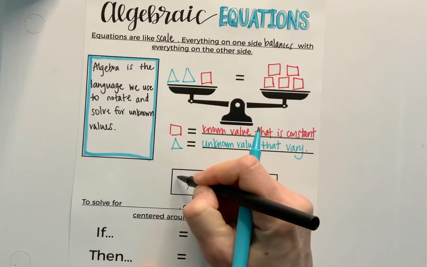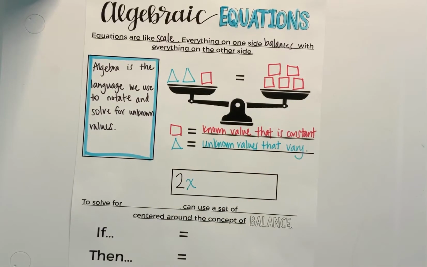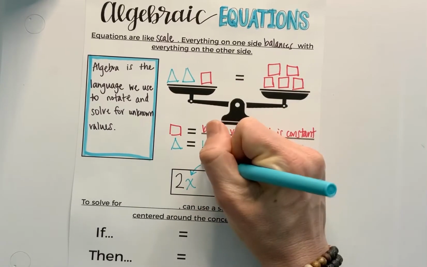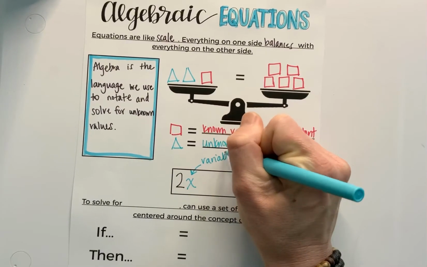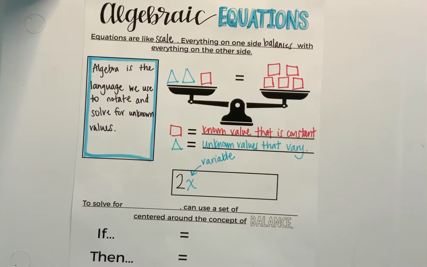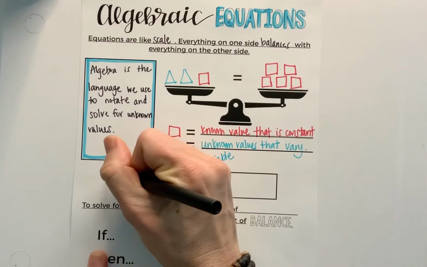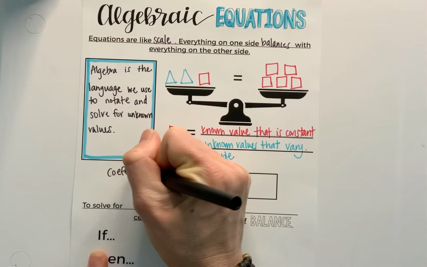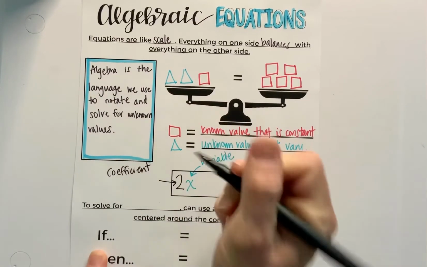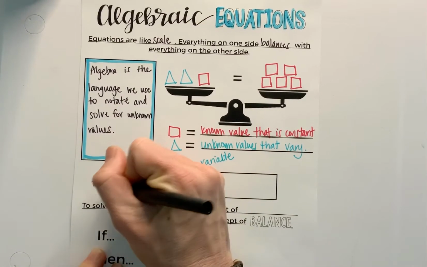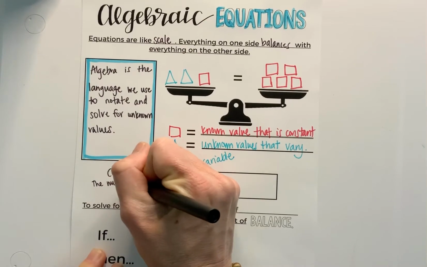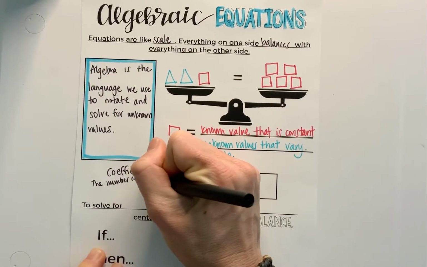And we know that we have 2 of them. And we're going to call this x the variable. The 2 is a special mathematical term that we call the coefficient. Now, the coefficient just means the number of variables that you have, or the multiplier.